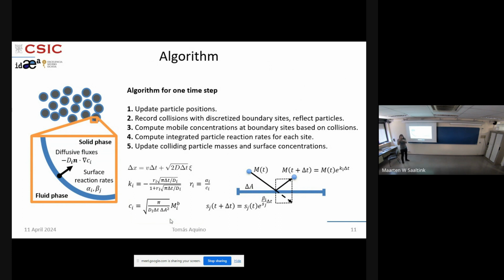You know your solid concentrations. You compute these integrated over time rates from the previous description, and then you just update particle masses in the usual way, okay? The usual way is that thing over there. Actually, I'm pretty sure that delta T shouldn't be there, so sorry about that.